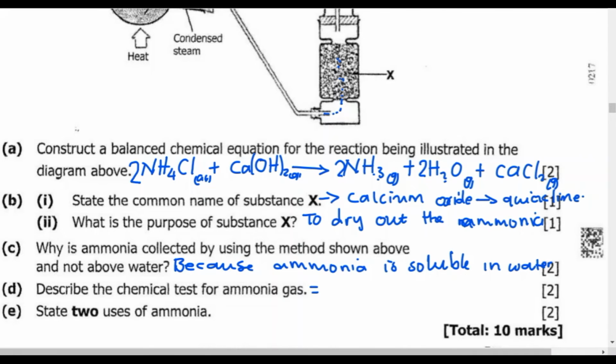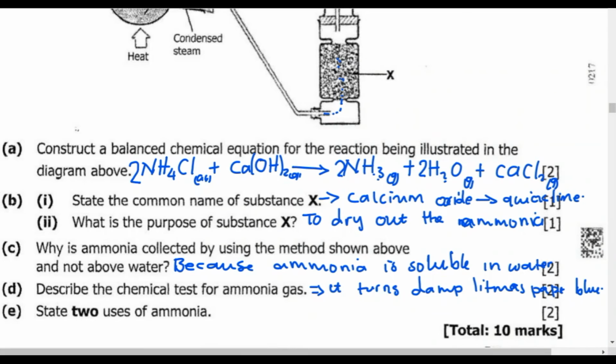Then for D, describe the chemical test for ammonia gas. So we say it turns damp litmus paper blue.